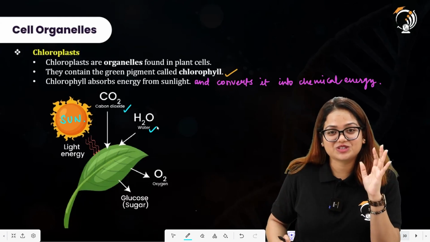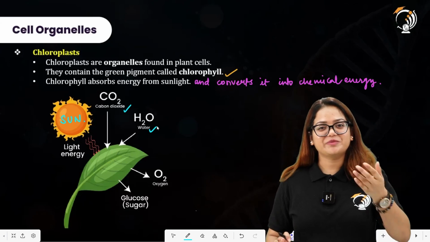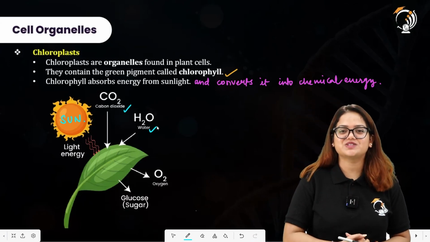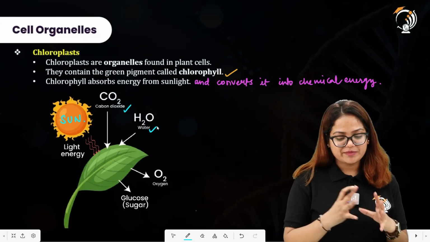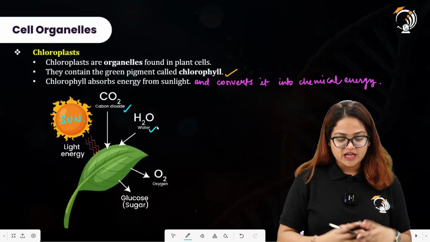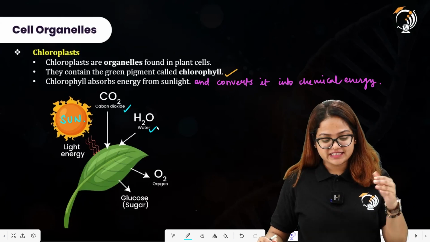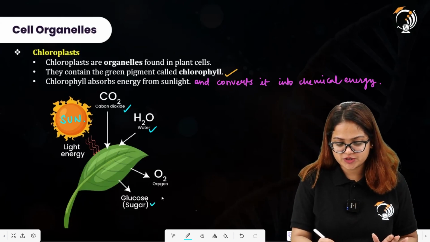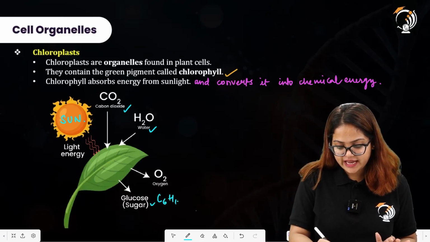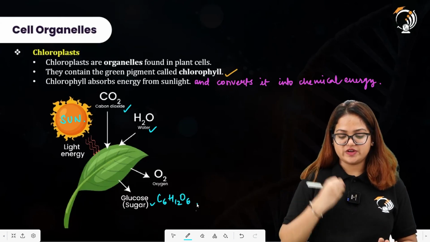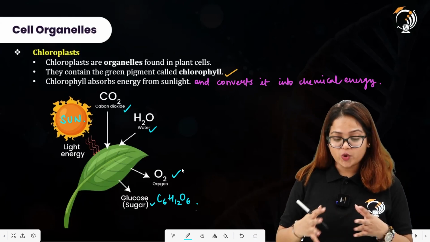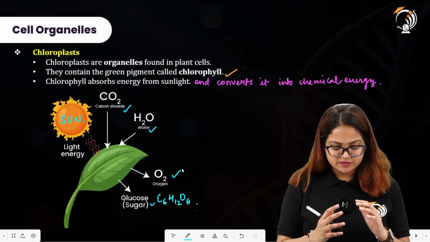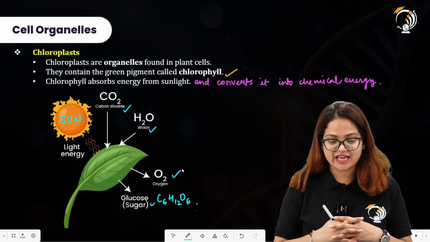The green color is provided by the chlorophyll pigment present in the chloroplast. On the action of sunlight, carbon dioxide and water are converted into glucose, C6H12O6, and oxygen molecules are also released. Glucose is stored in the form of starch in the leaves as well.